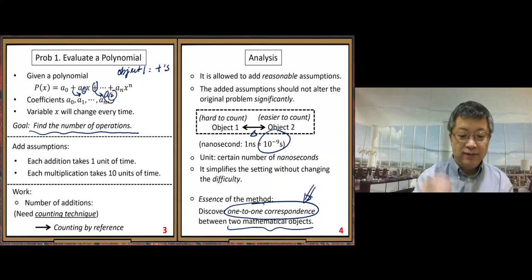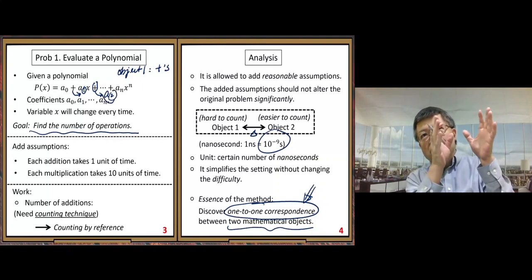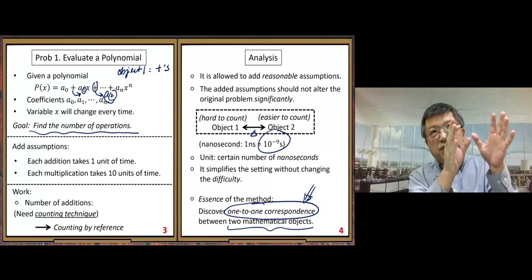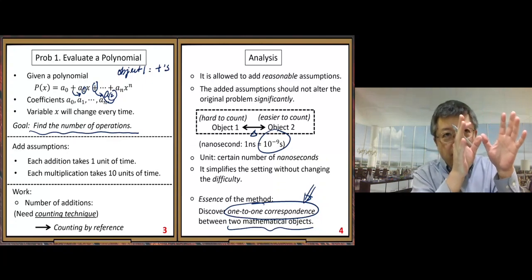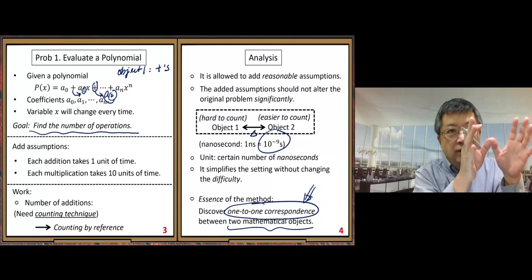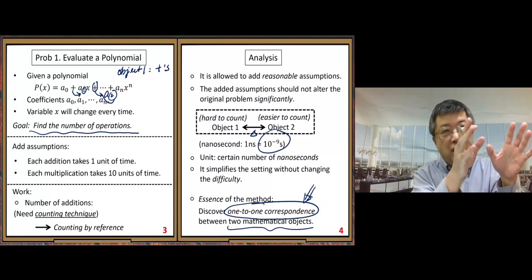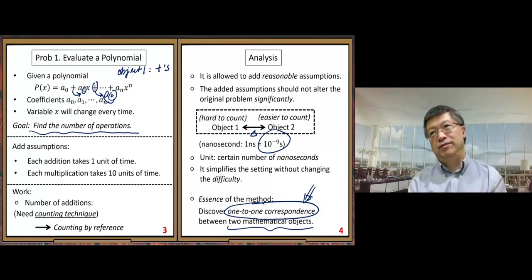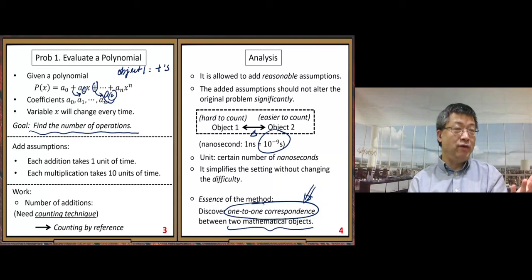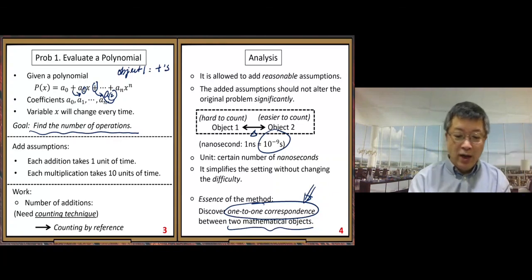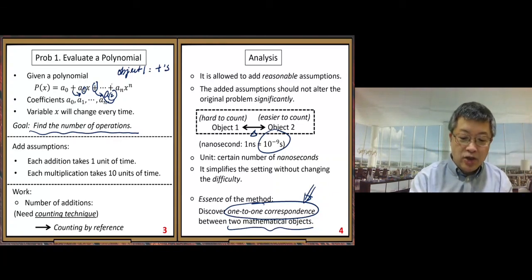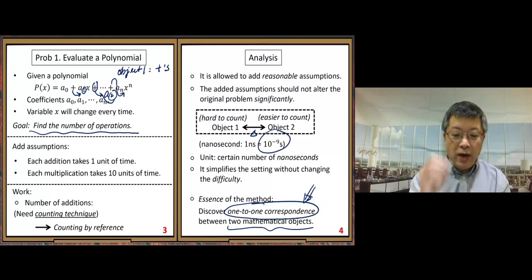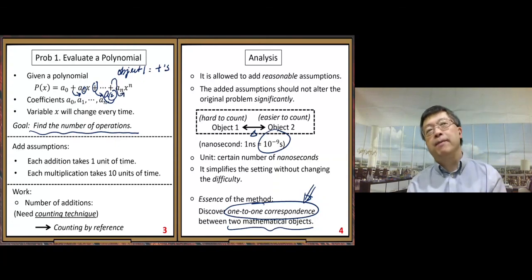How about that? We use the subscript of the next operand, the next coefficient, as the reference. So here we have a reference, object 2. And the last plus sign is associated with the last subscript, n.